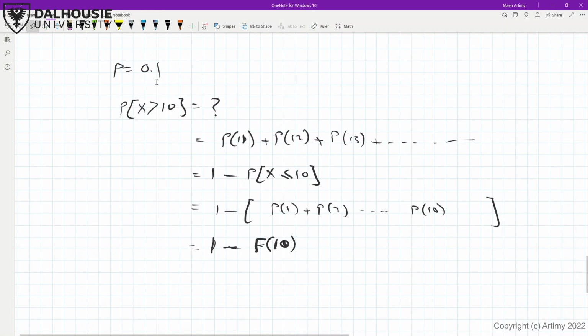I assume that p is 0.1, so 1 over p is 10. So the expectation here is 10. On average, the hiring manager will interview about 10 people to get the candidate.